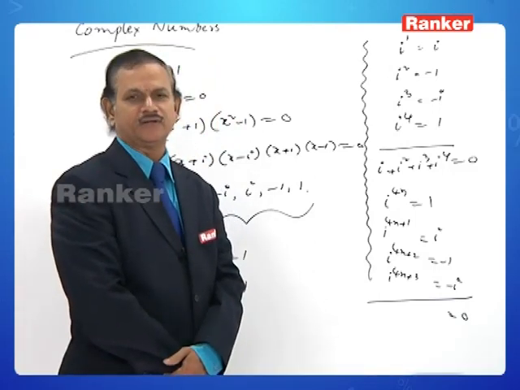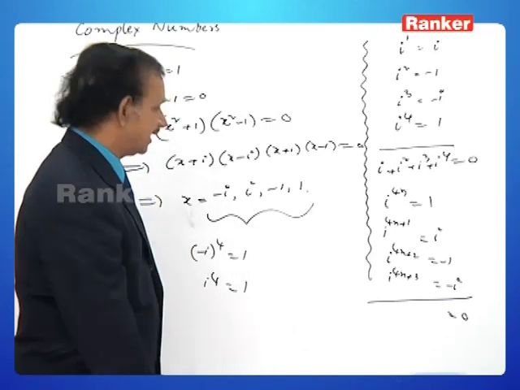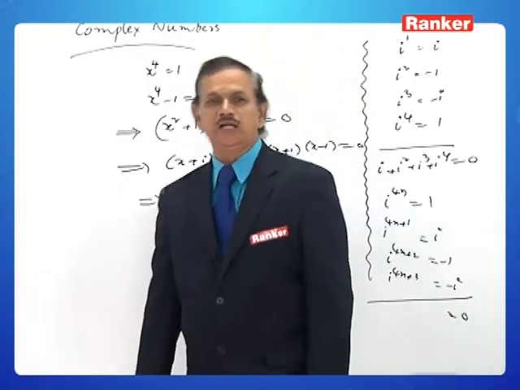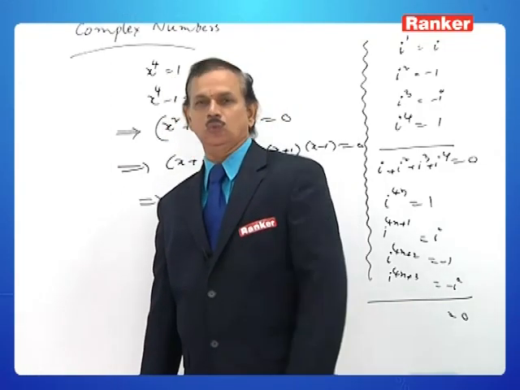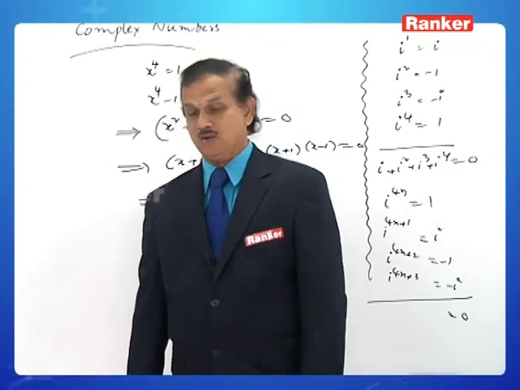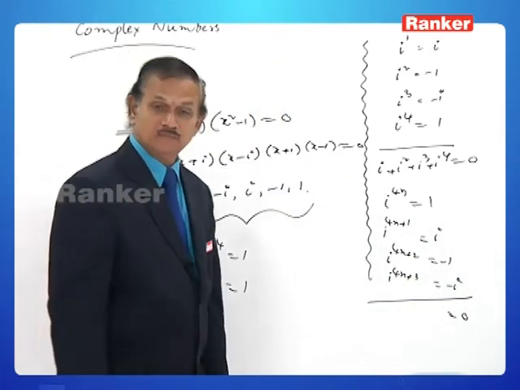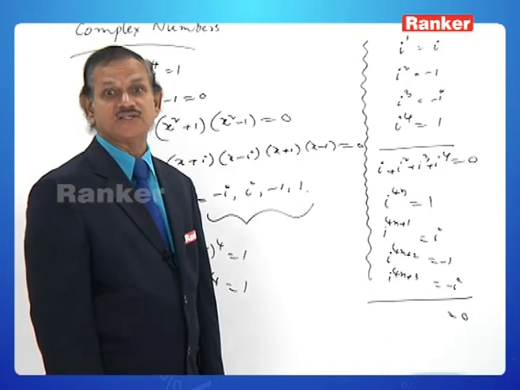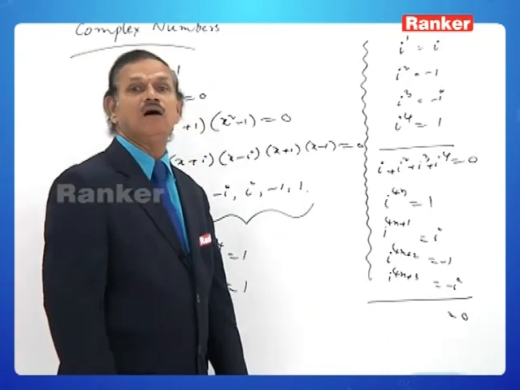No doubt about it. Thereby, we declare that the sum of 4 consecutive integral powers of i is always 0.